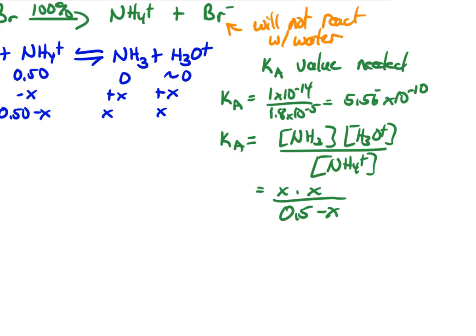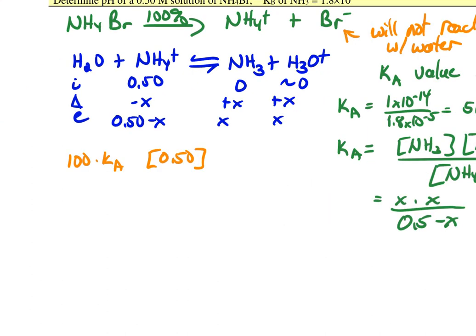Let's test the small K approximation. We look at a value 100 times the relevant equilibrium constant, Ka, and we see it's clearly less than 0.5. We compare 100 times Ka to the value to determine here if x is significant.